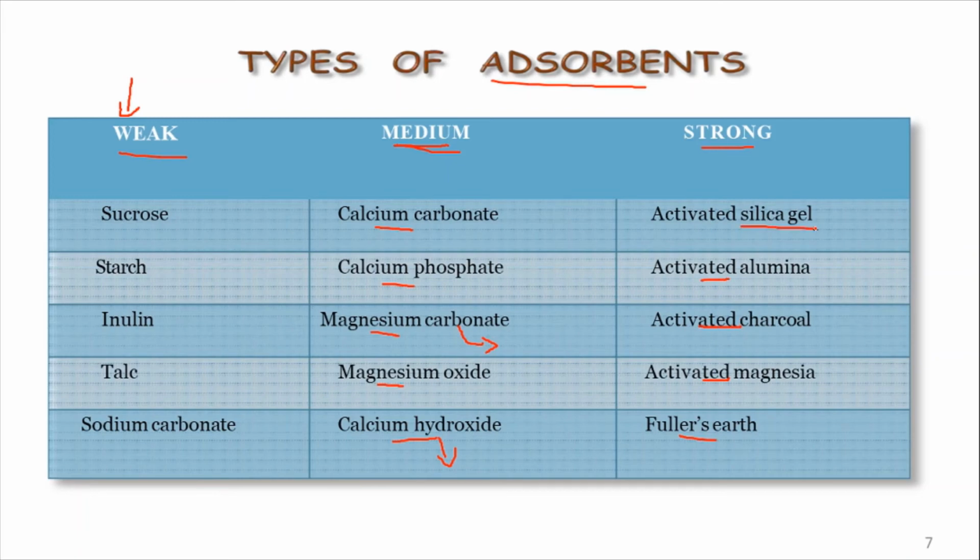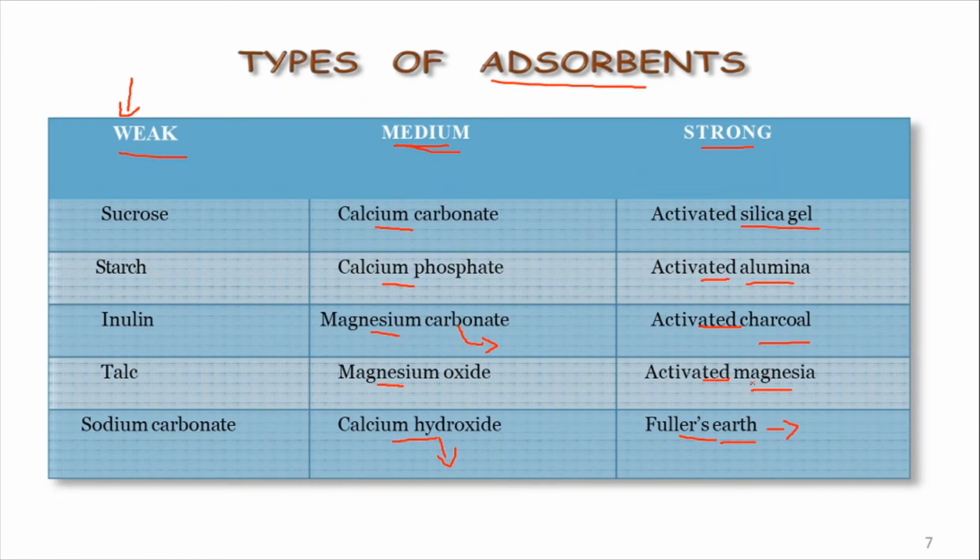These are the famous silica gel, alumina, charcoal, magnesia, and fuller's earth. Fuller's earth is a very rare stationary phase, but some people use it commercially. It is the ash of volcano. It contains a huge amount of magnesium, aluminum, and also silicon dioxide.